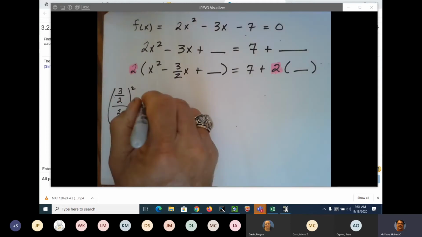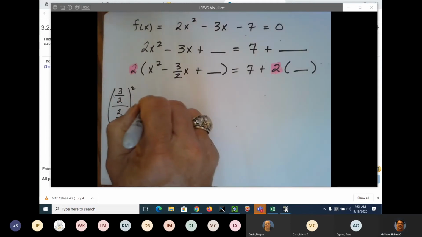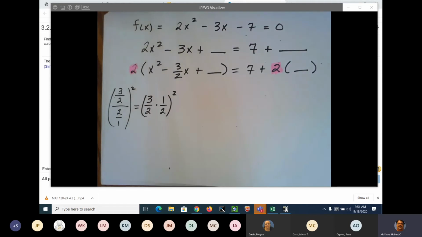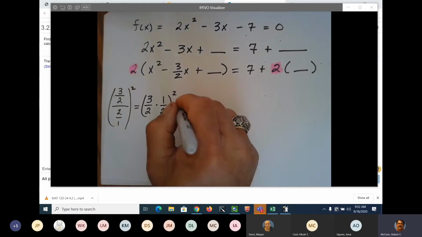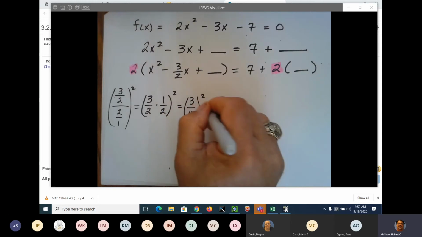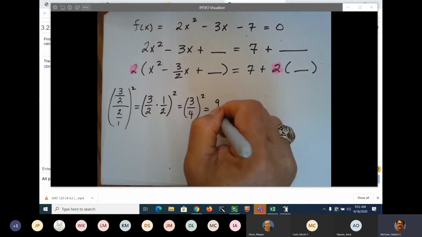All right, 3 over 2 multiplied by 1 over 2, quantity squared. Somebody tell me what I did there. I multiplied by the what? The reciprocal. Exactly. So you got to remember that. That's some of that elementary math. And that's going to give me 3 over 4, which is equal to 9/16.